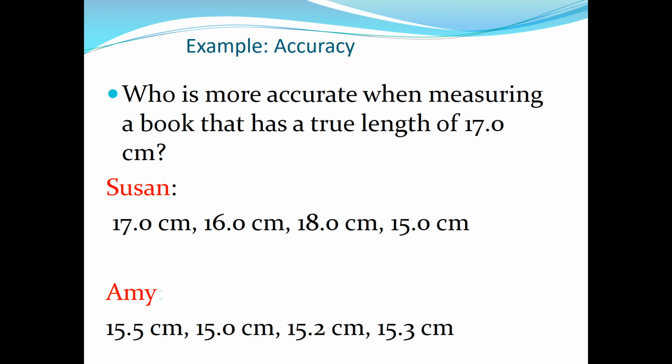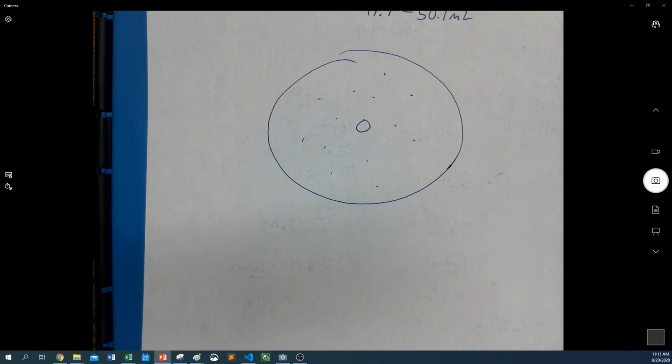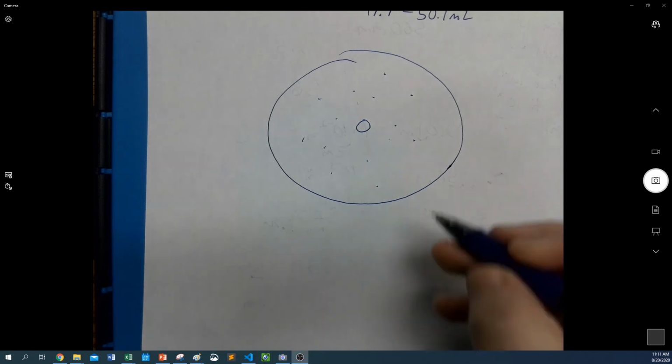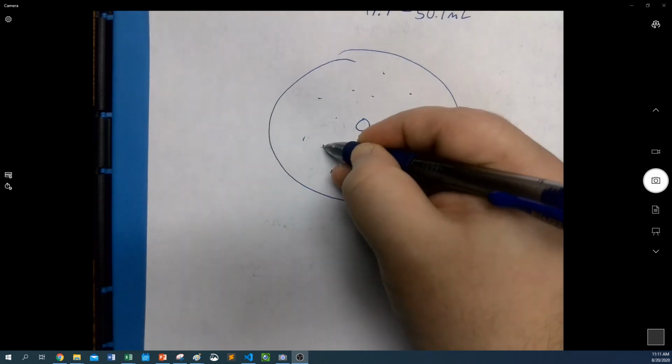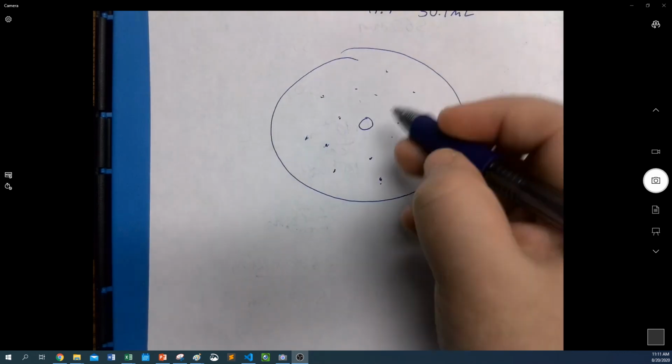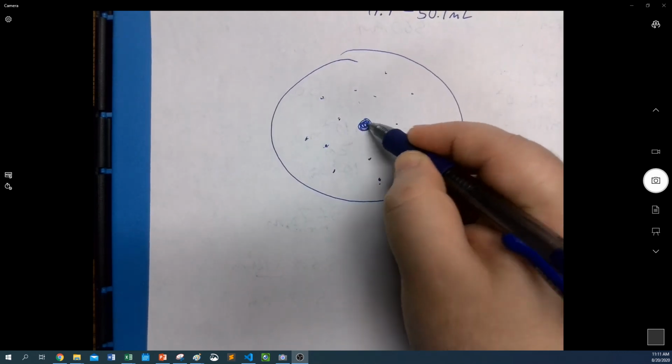Susan, because her numbers are closer to the true value. Accuracy doesn't look at how much your numbers vary, but just how close they are. You can think of it, going back to my drawing, if you notice, my points are all equally spaced around the true value here. They're all around it.